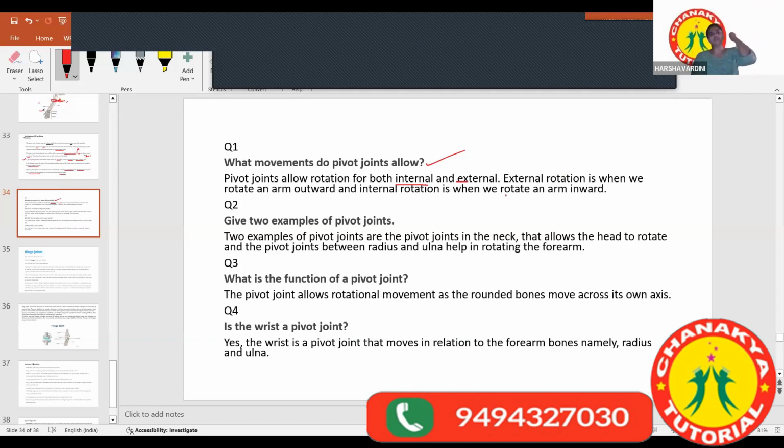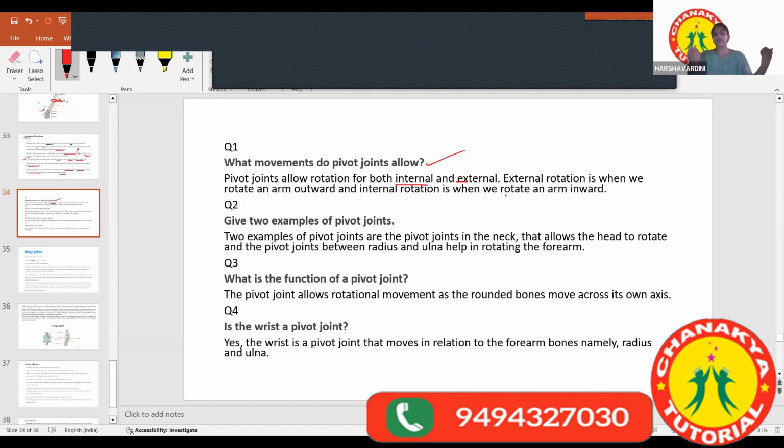They're talking about the arm inward and outward, and the neck also. Wrist also you can move outward and inward. Both are possible. So almost full rotation is possible, but in the neck, full rotation is not possible.